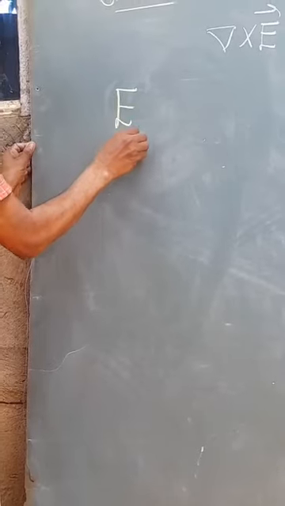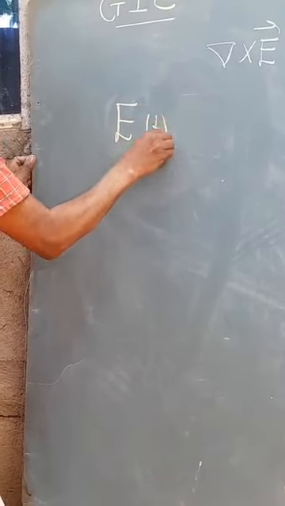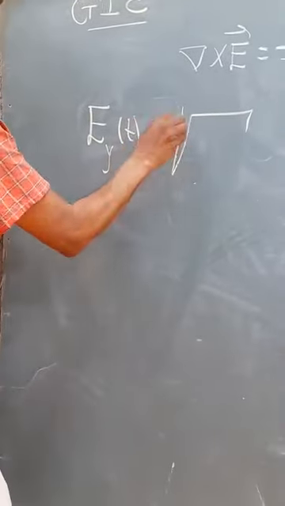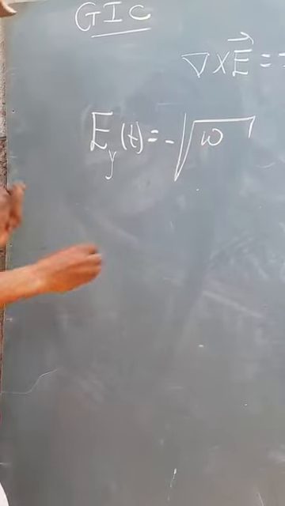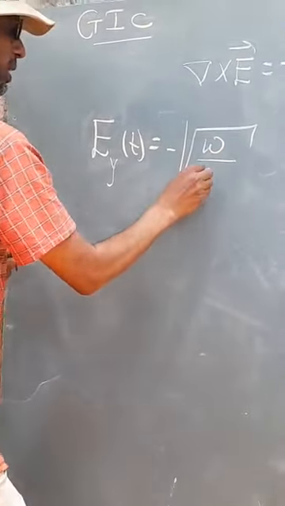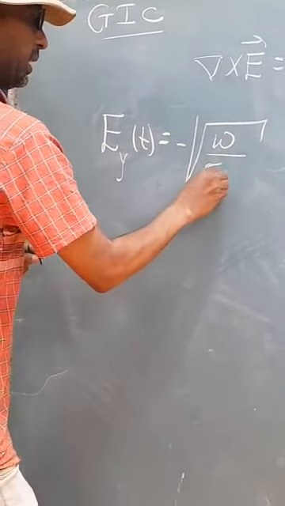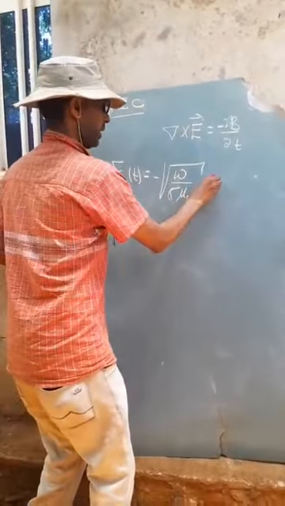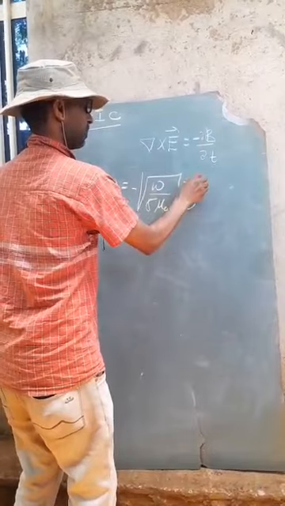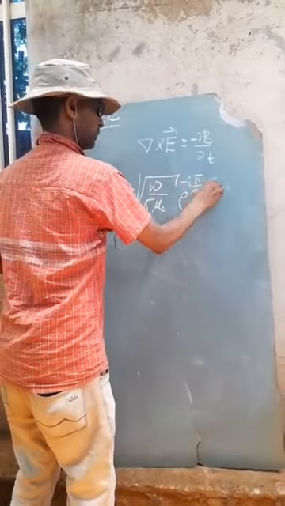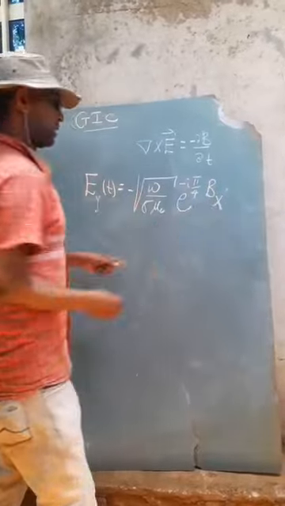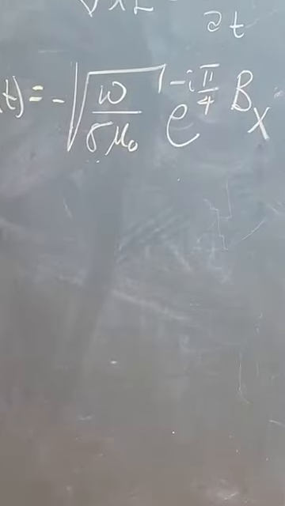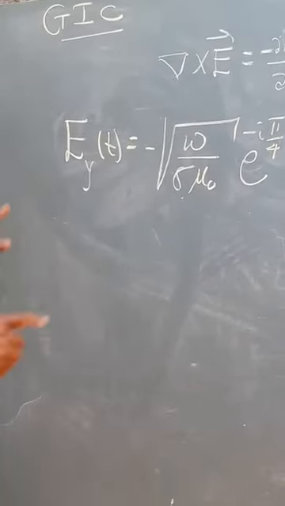E y as a function of t is equal to the square root of the angular frequency of the plane wave divided by the conductivity and the magnetic permeability of free space, times the exponent of complex pi over 4, times Bx, where Bx is the geomagnetic field in the x direction and the geoelectric field is in the y direction.